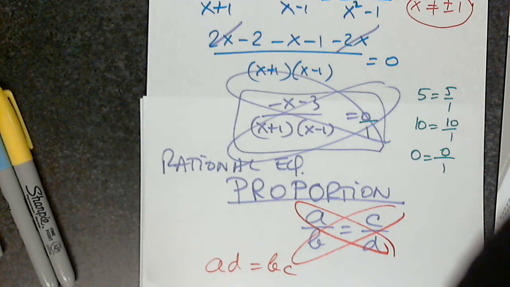So 2 times x is 2x, 2 times negative 2 is negative 2, minus x times x, minus x times 1, minus 1 times 1 is minus 2x. So we had this. So if you want to write it down, 2x minus 2, minus 2, minus 1 times x, minus 1, and minus 2x. And we took it from there, simplifying.